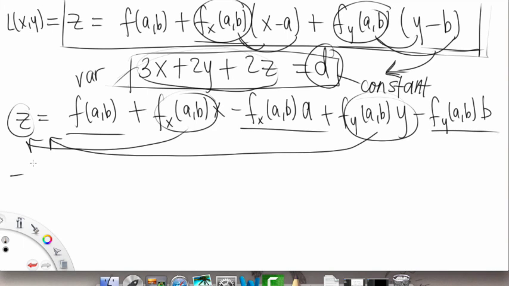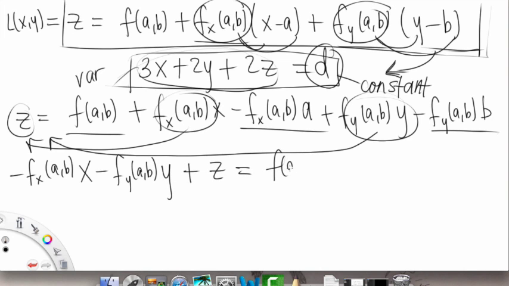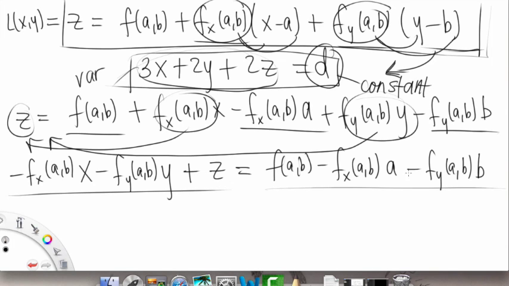So what we'll get is a negative f sub x evaluated at ab times x minus f sub y evaluated at ab times y plus z is equal to f of ab minus f sub x evaluated at ab times a minus f sub y evaluated at ab times b. Okay, so see here how we got all the variables on the left side and all of the constants on the right. So now it's basically in this form that we want here on this line.